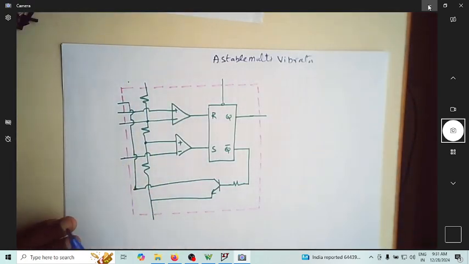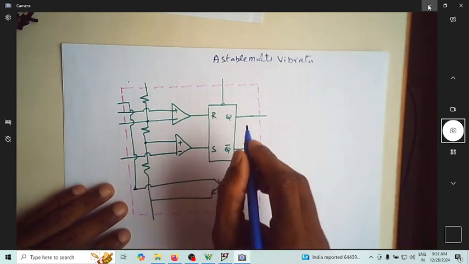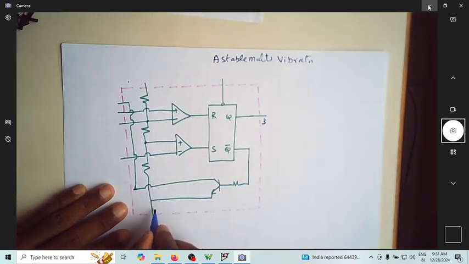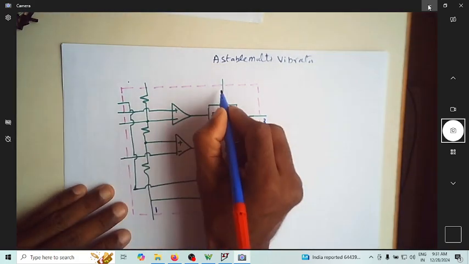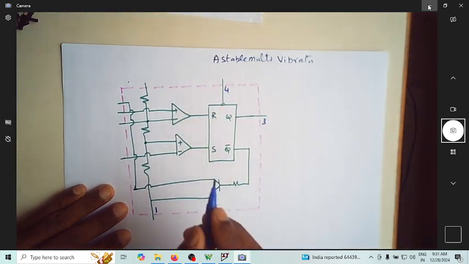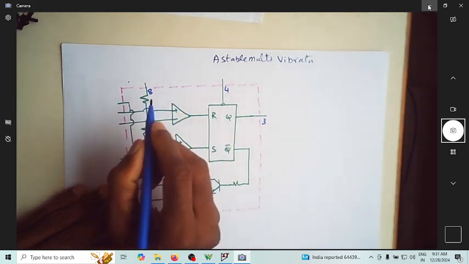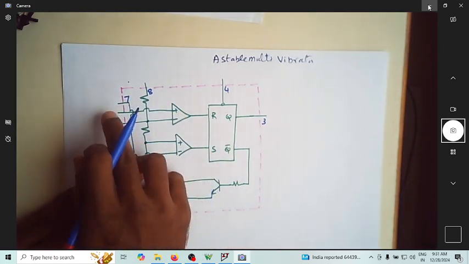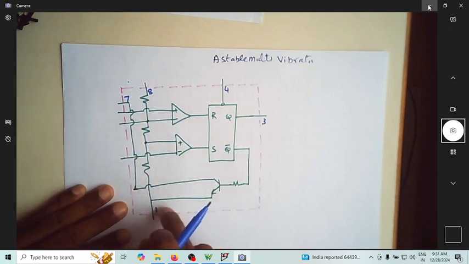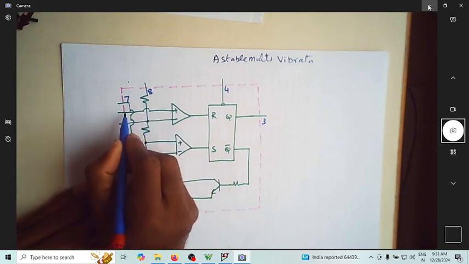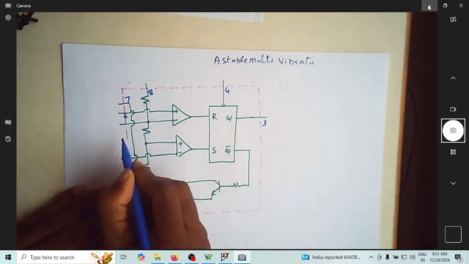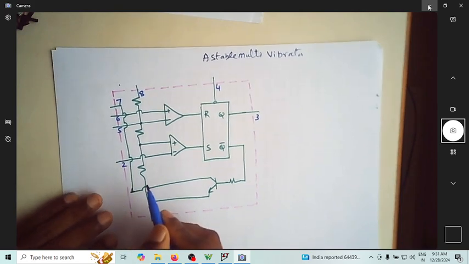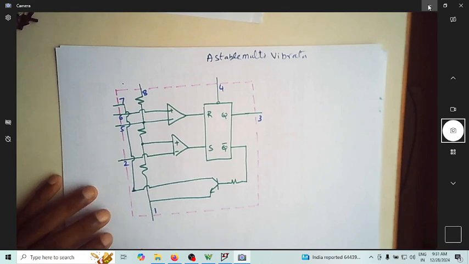As we saw in the previous video, let us identify the pin numbers. This is pin number 3 output, pin number 1 ground, pin number 4 is reset, pin number 8 is VCC, pin number 7 is the discharge pin. You can see this is discharging to ground through this transistor. Pin number 6 is threshold voltage, pin number 5 is control, and pin number 2 is the trigger signal.